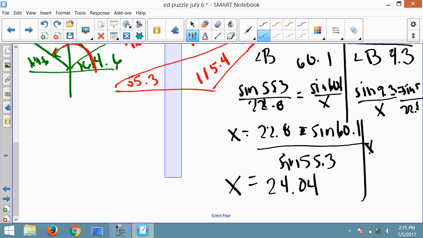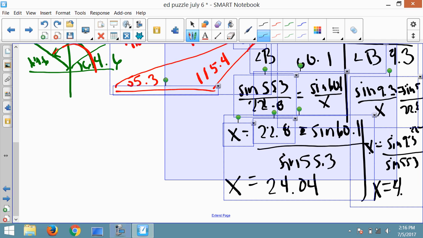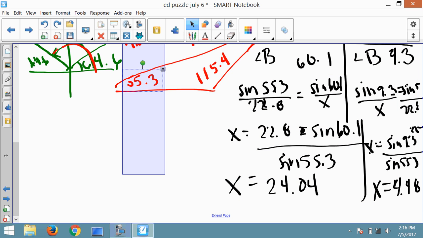And so we would have the sine of 9.3 times 22.8 over the sine of 55.3. And we're going to get x is 4.48. So the ambiguous case requires an additional possibility of an angle.